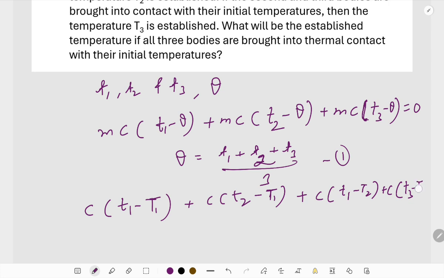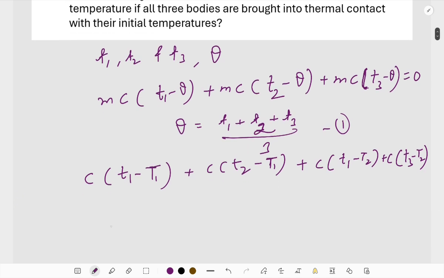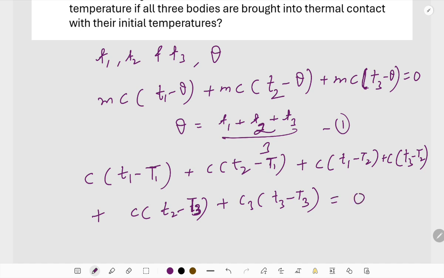The first and second pair was brought into contact with each other, and finally the second and third was brought into contact. So for them I can write the equation c(T2 minus t3), gain or loss, plus c(T3 minus t3). Kindly take care of this small t and capital T, and that will be equal to 0.